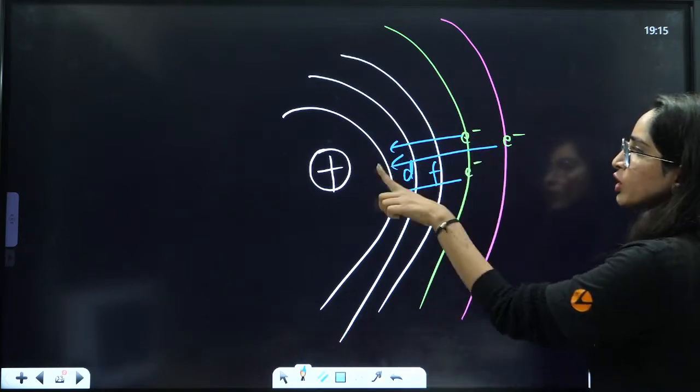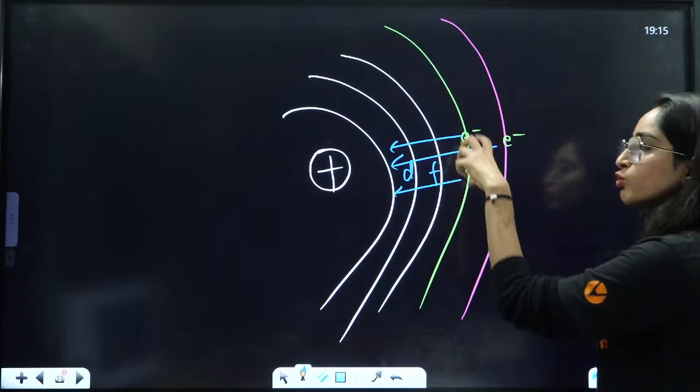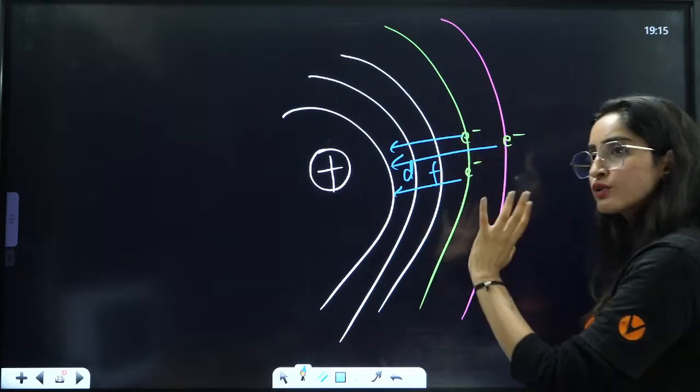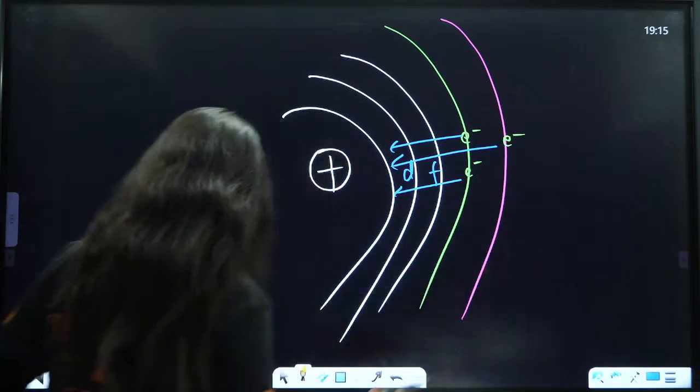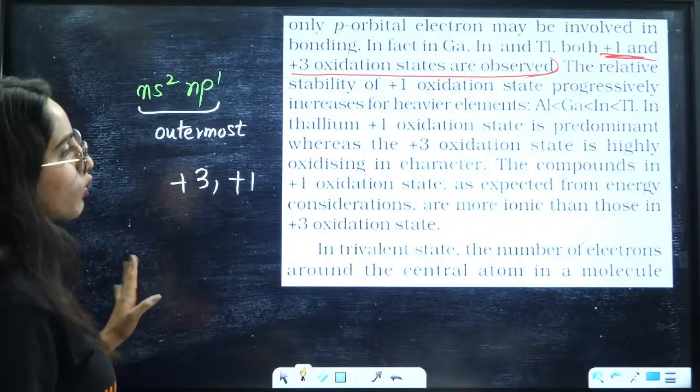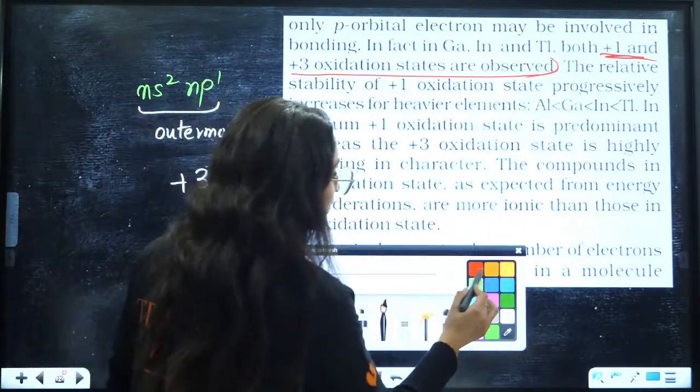But because the s electrons are closer to the nucleus, it is difficult to lose them. The p electrons are also difficult to lose, but still we can lose them. That is why it will exist in both +3 and +1 oxidation states.